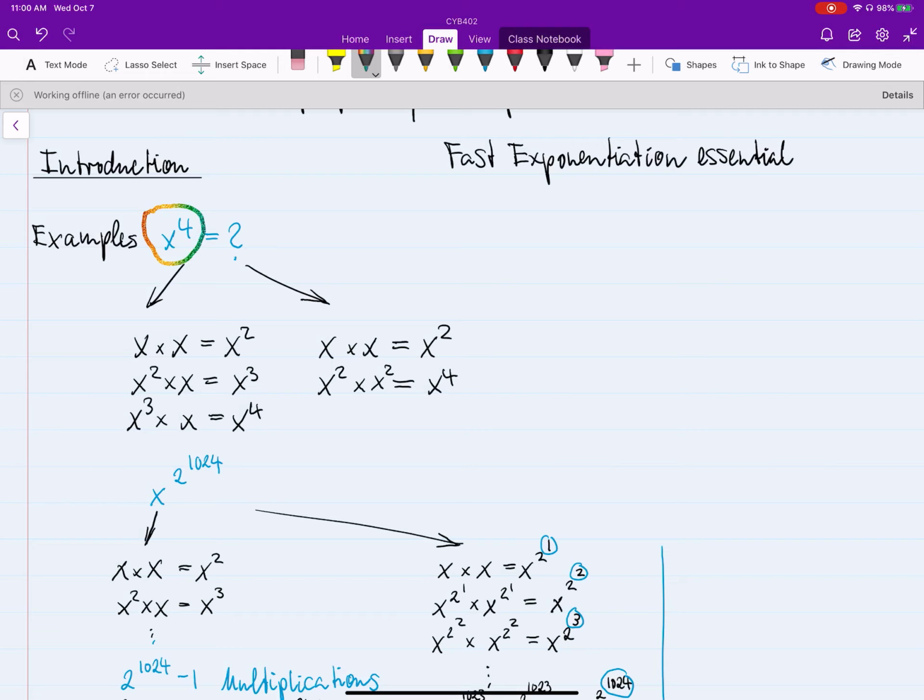So the unrefined way, what we could do is compute x times x, which is x squared. And then we compute x squared times x, which is x cubed. And then we compute x cubed times x, which is x to the 4th.